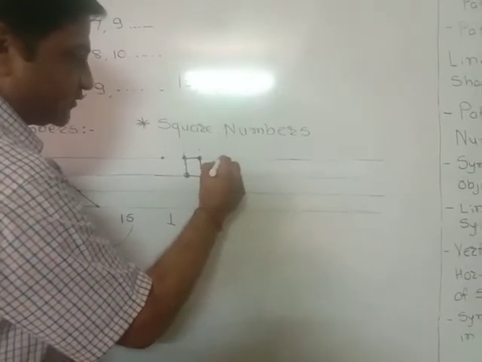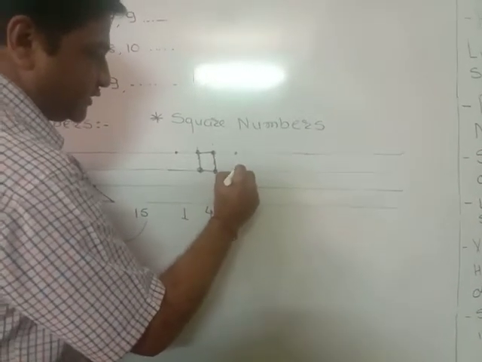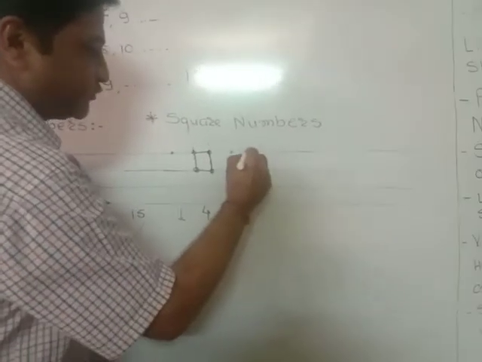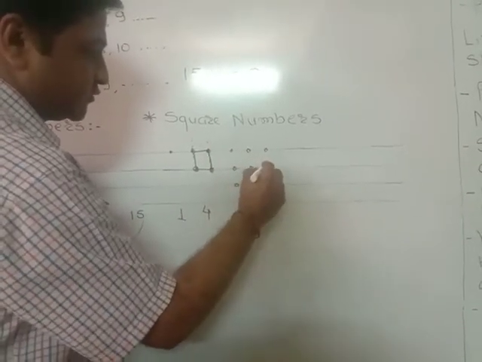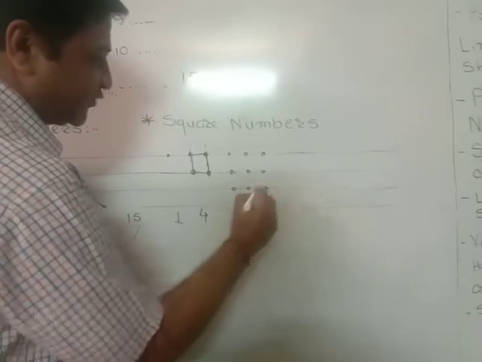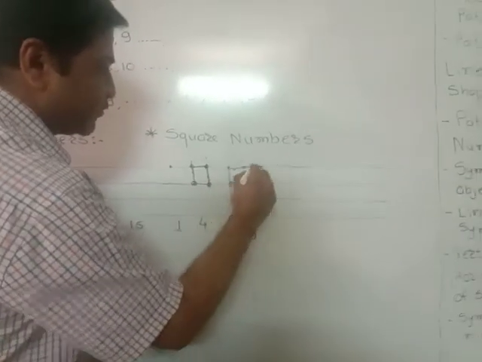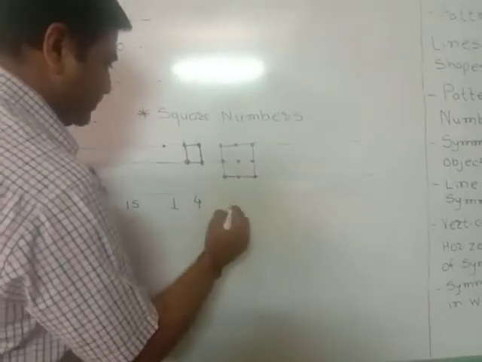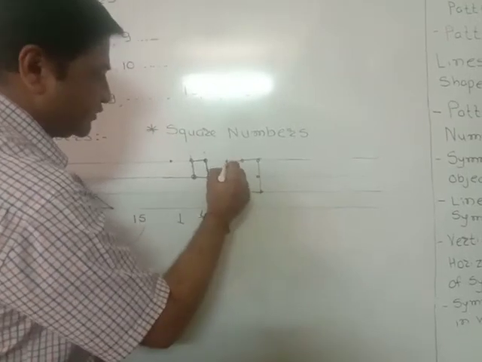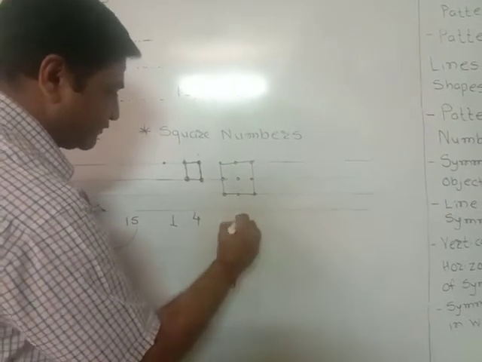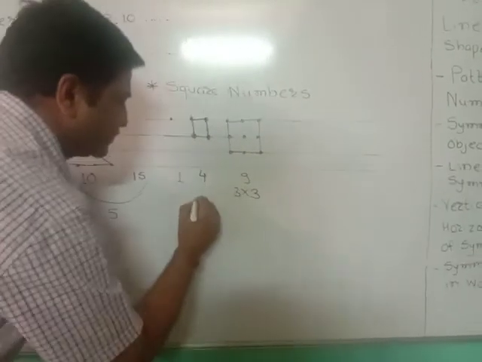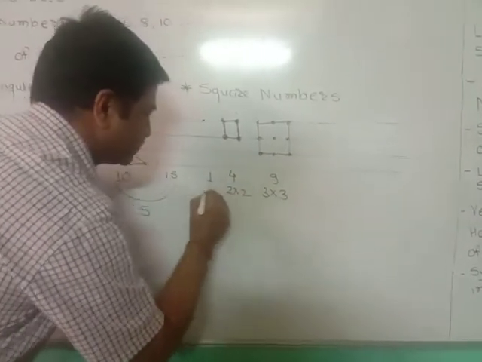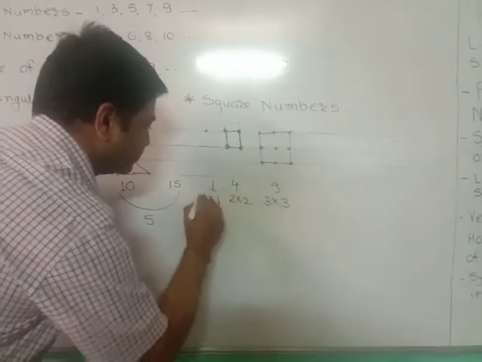If I take 3 rows, 1, 2, 3, and if I put 3 columns, 1, 2 and 3. Again, if I join the outer points, what I get is again a square, and the number of dots will be 9. So 3 rows, 3 columns. There are 2 rows, 2 columns. 1 row, 1 column.